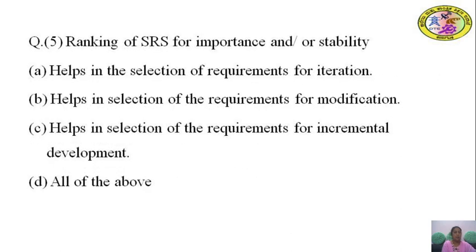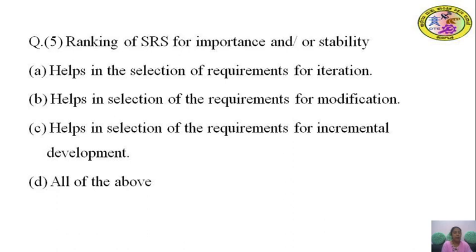So the next question is, ranking of an SRS for importance and of stability A, helps in the selection of requirements for iteration, B, helps in selection of the requirements for modification, C, helps in selection of the requirements for incremental development, D, all of the above.